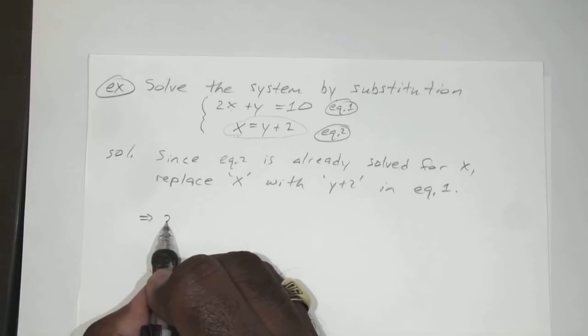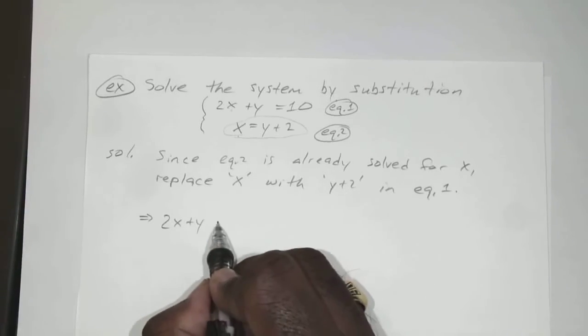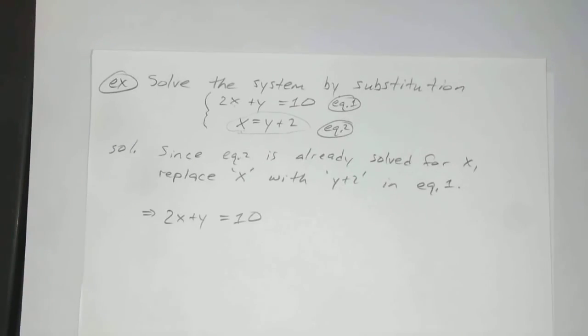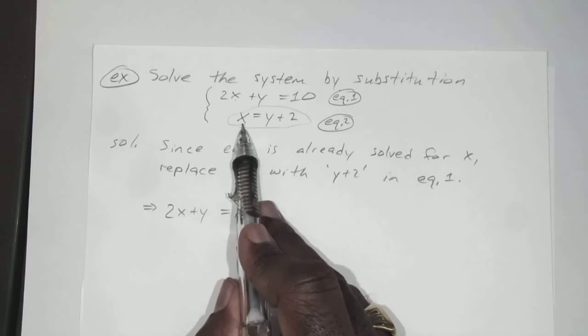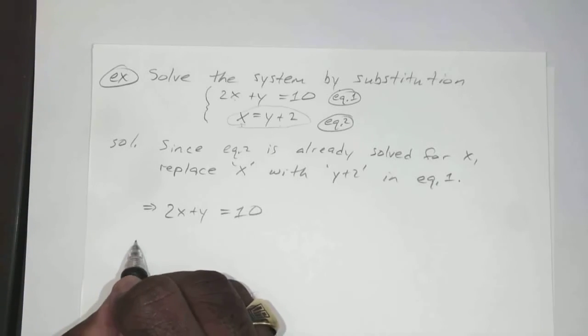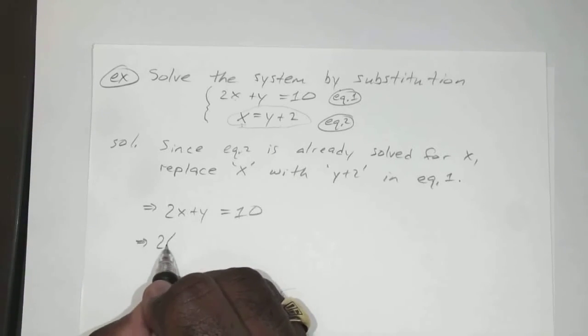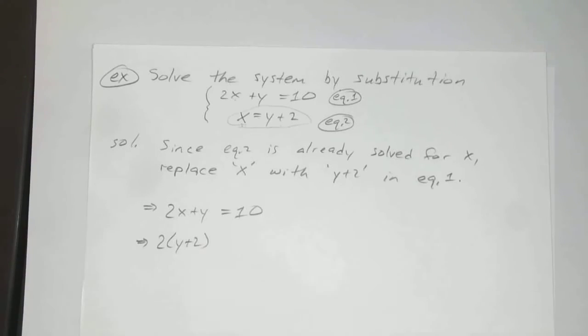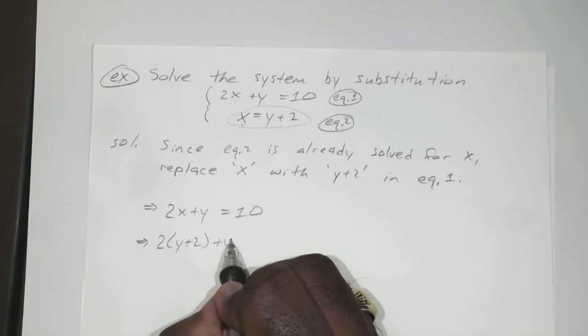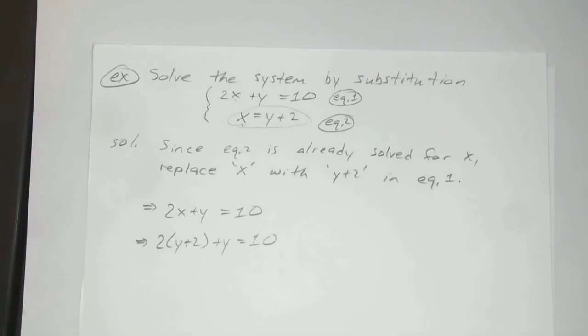So if we have 2x plus y equals 10, since x is equal to y plus 2, that gives us 2 times y plus 2, plus y equals 10. So instead of having an x and y in there, we have just the y variable, so we can solve for y.